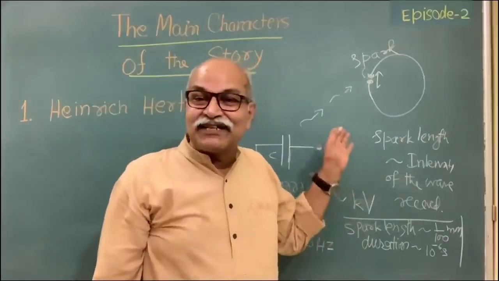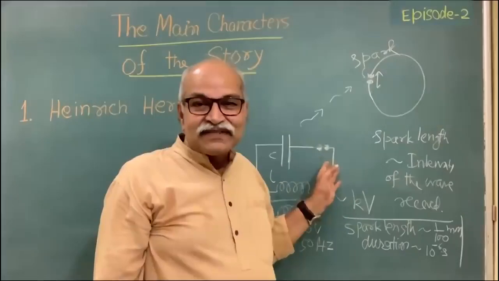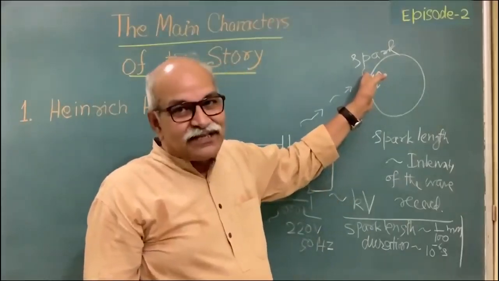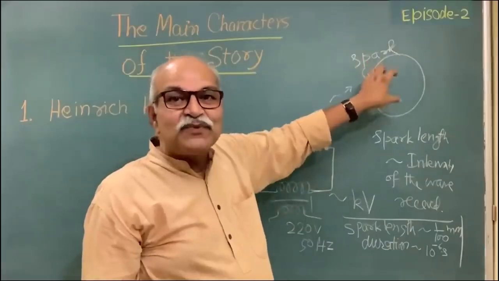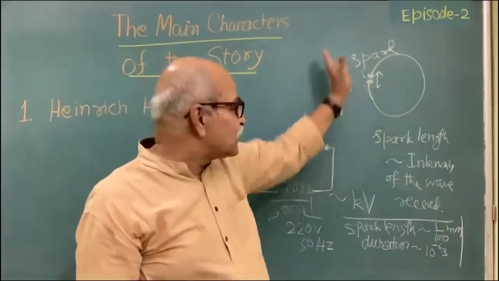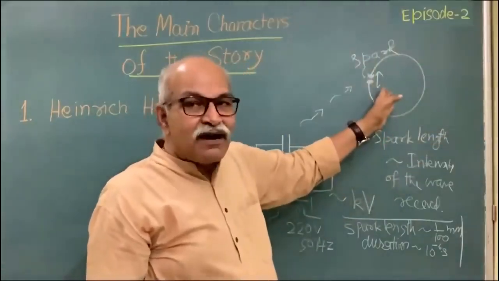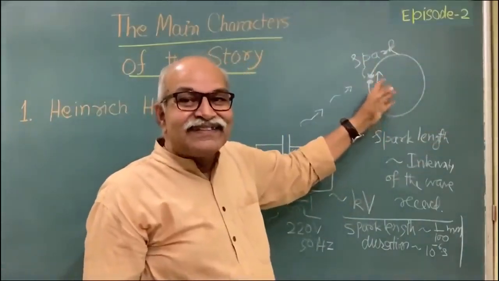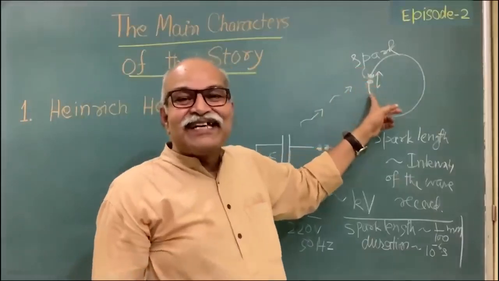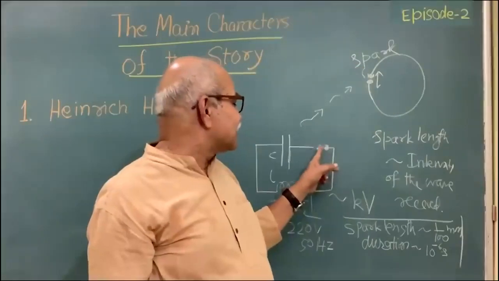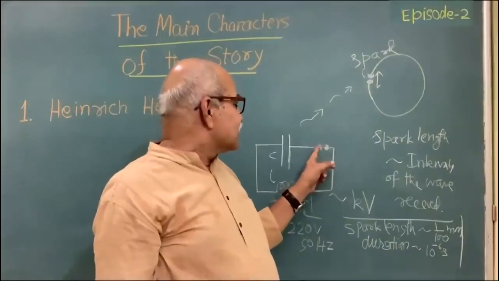The generation of the wave is there, the detection of the wave is there, but on top of that he observed something else while putting those enclosures to make it more dark. There are two things.